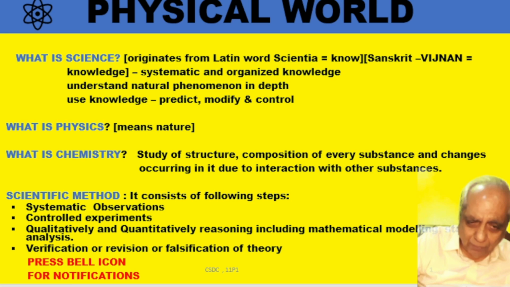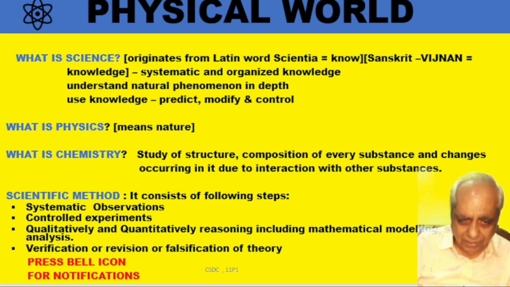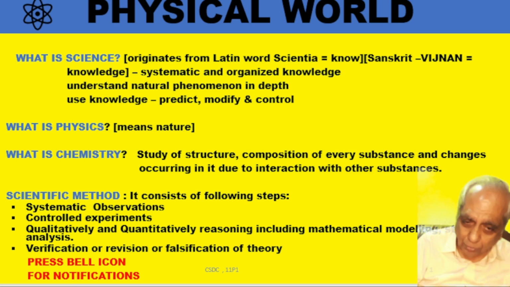Once you have made that experiment, if the results obtained are matching with the theory, that is called verification. Or in case you are not getting the proper result, then you may have to revise that theory, or we can say that the theory is wrong. That is called falsification of theory.